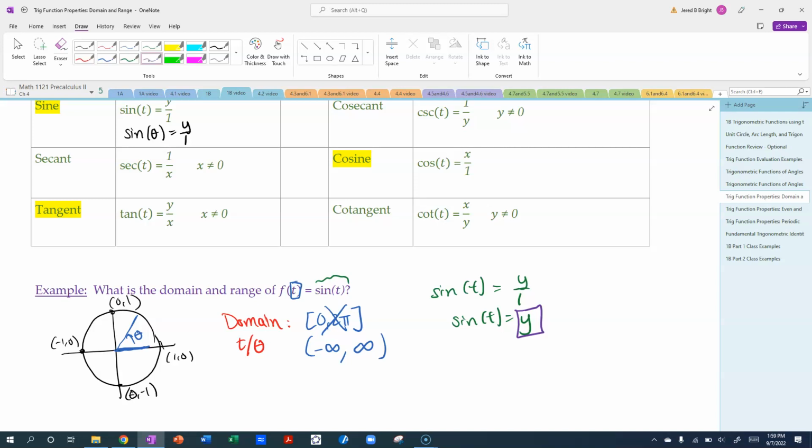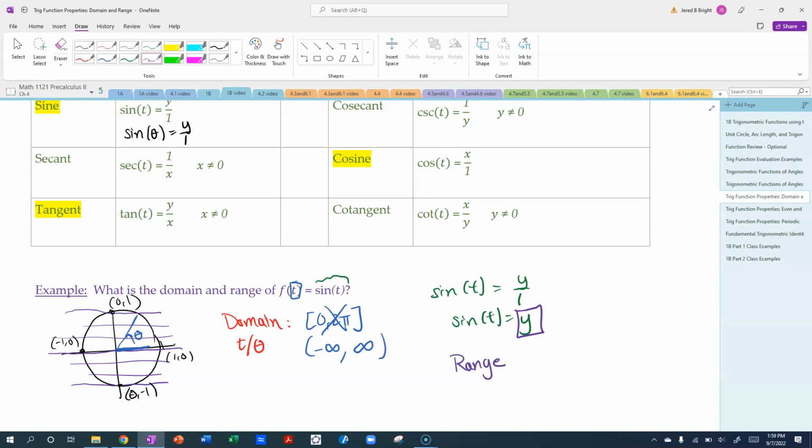Looking at the unit circle, I know 1 is a possibility, -1 is a possibility. Can I have anything in between? Well, yeah, I have 0, and in reality, I have everything in between as well.